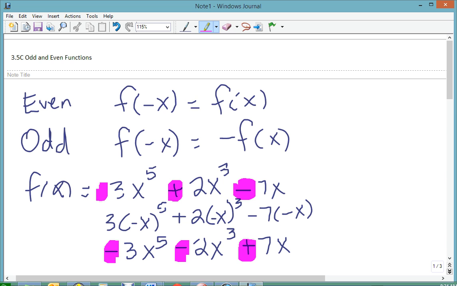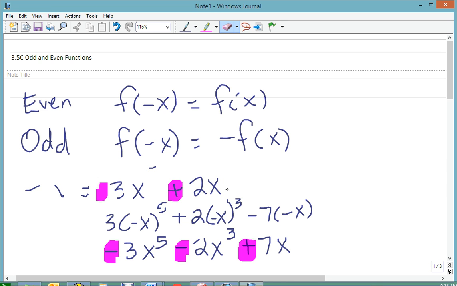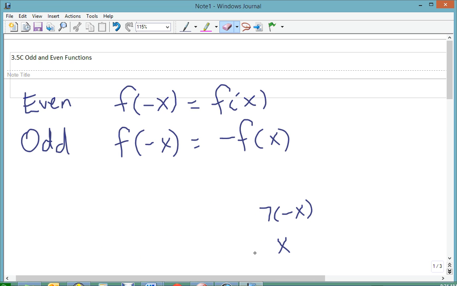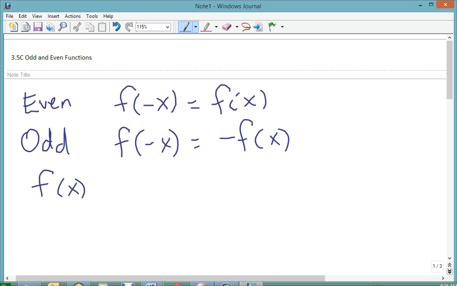So when we are checking these functions, you don't have to plug it in and show all that work if you know that it's changing by looking at the exponent, but you really do have to look at every single term. So suppose we have 3x cubed minus x plus 3.